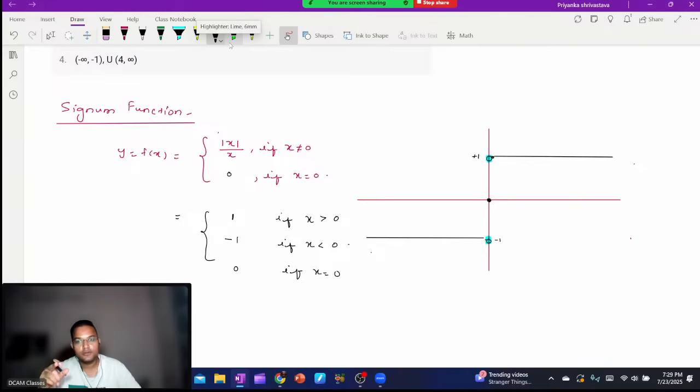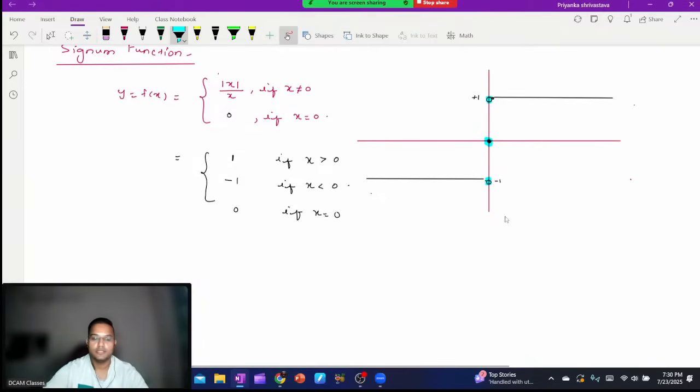What this blank 0 represents: we are not taking the x value at that point, because we have already considered that at x equal to 0, this graph is different. The value of y is 0 at x equal to 0. At all the rest, y is 1 for x greater than 0.